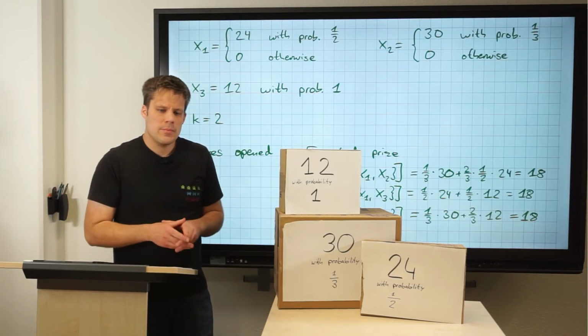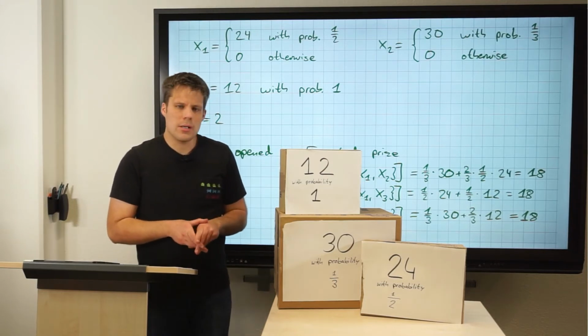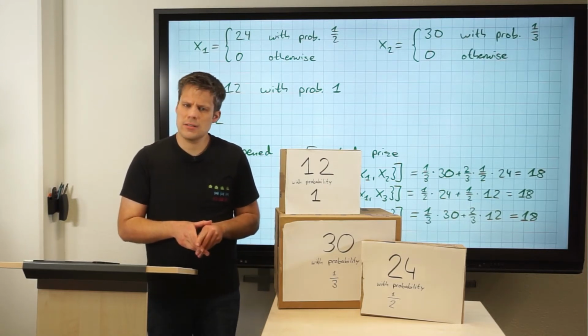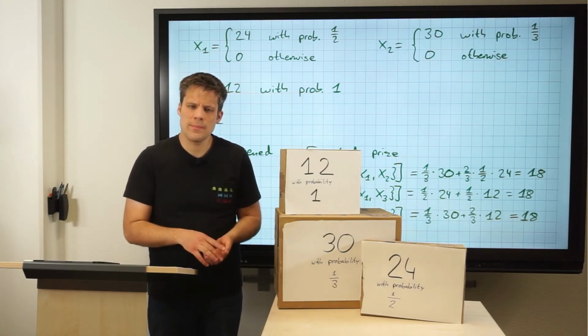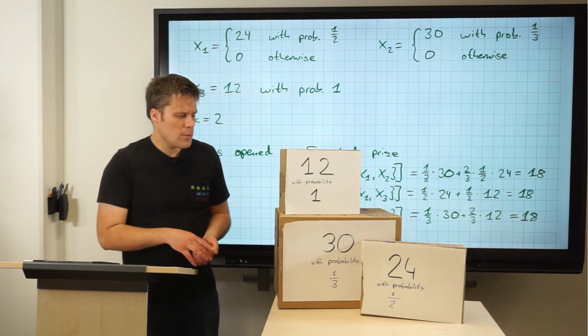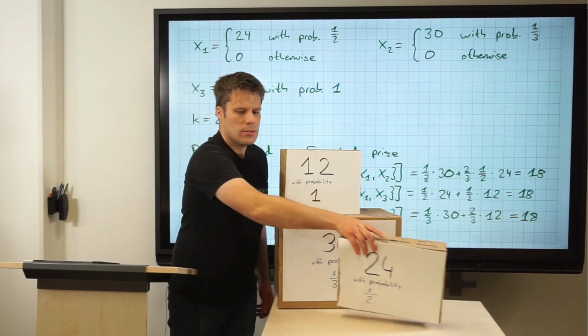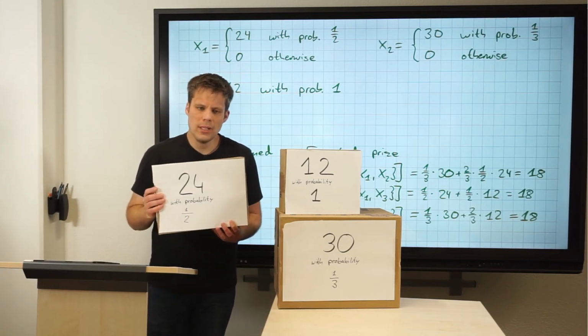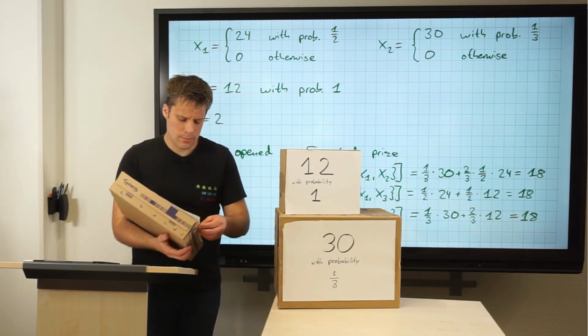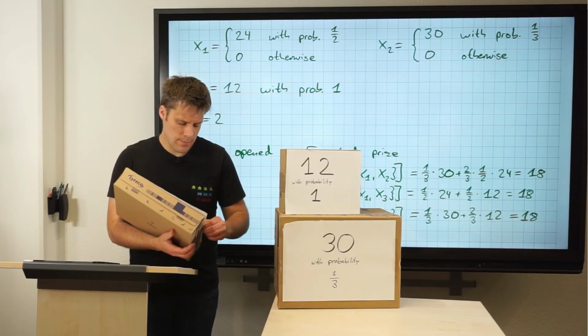But then I hope you are a little smart and you say, oh, actually, do I have to commit in advance which of the 2 boxes I open? And what you might want to do is just take this box 1 and look inside. Let's do this.